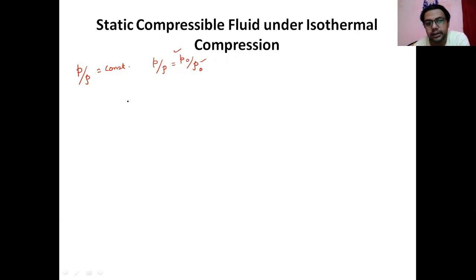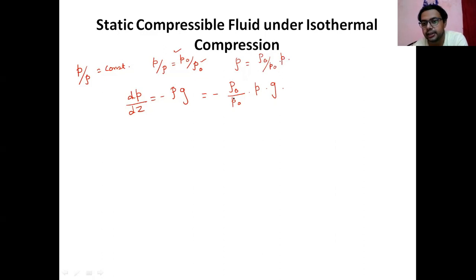What is your hydrostatic equation? dP dz is equal to minus rho g. So rho you can replace, rho you can write down as rho 0 by P0 into P. So the rho equation is coming rho 0 by P0 into P. Just change this here.